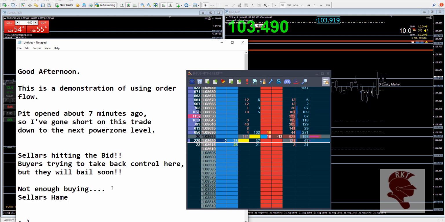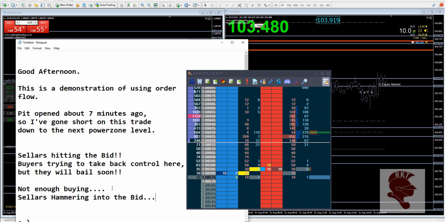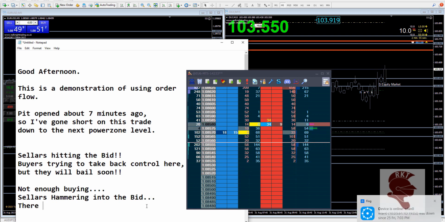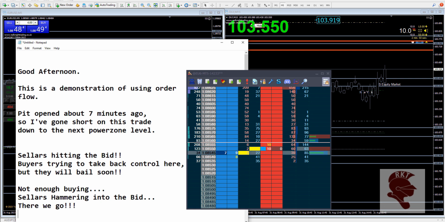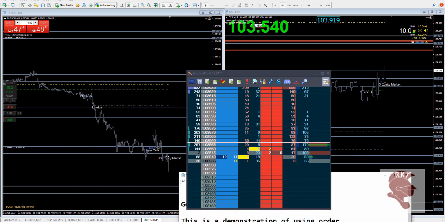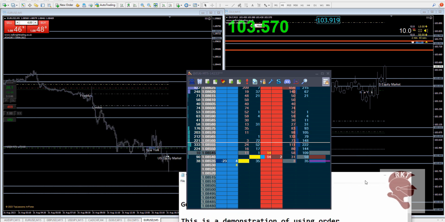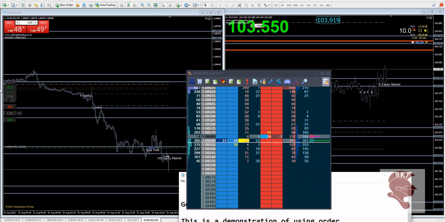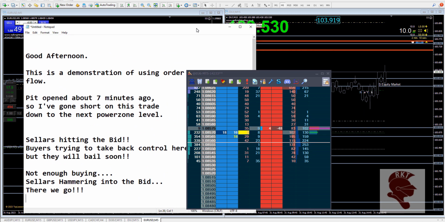This is what the order flow platform does. There are other order flow platforms out there, but Jigsaw seems to be one of the best. It's what a lot of the big hedge funds and prop firms use.